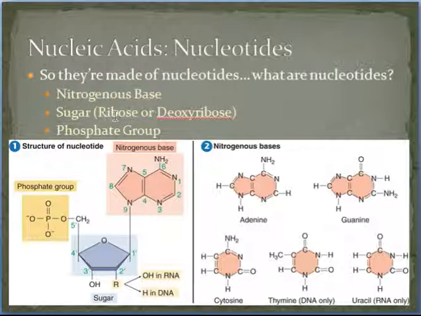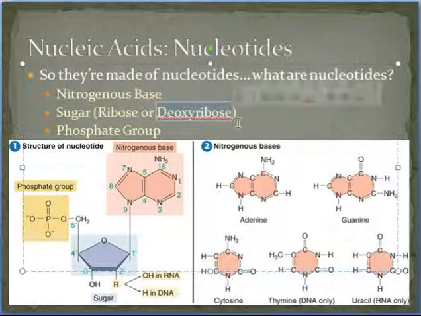Just a general note about this ribose and deoxyribose. Think DNA. What does DNA stand for? Deoxyribonucleic acid, right? So DNA is just specifying that this is the type of sugar we're using for that nucleic acid.